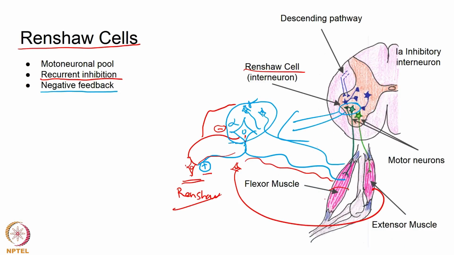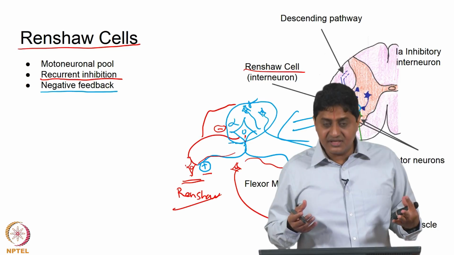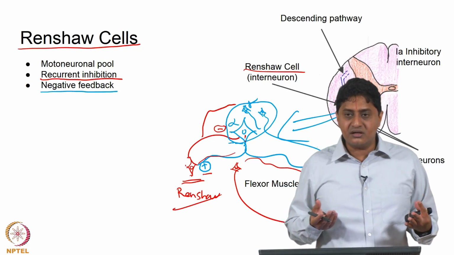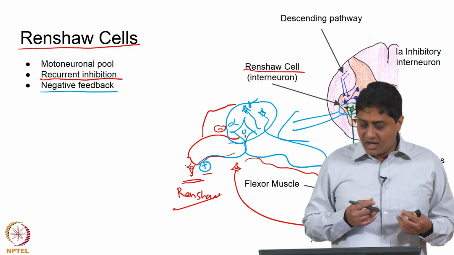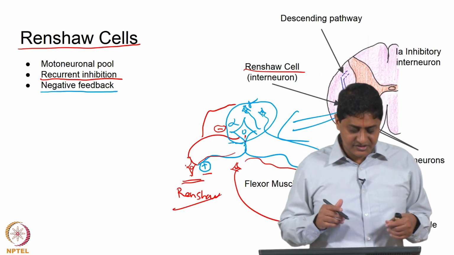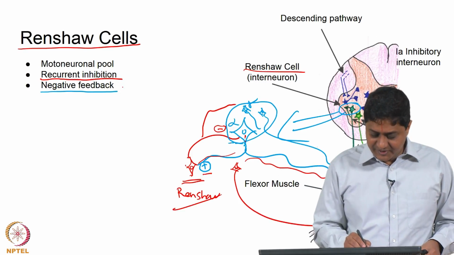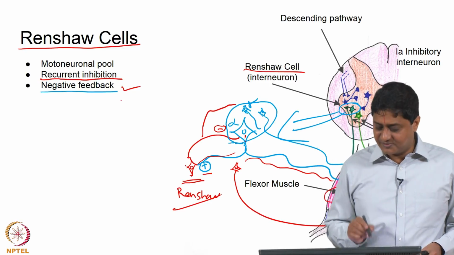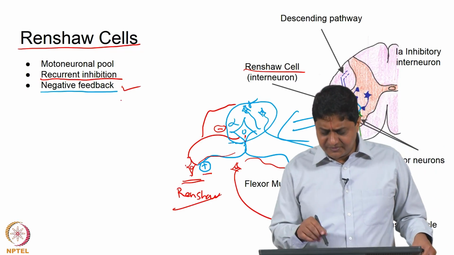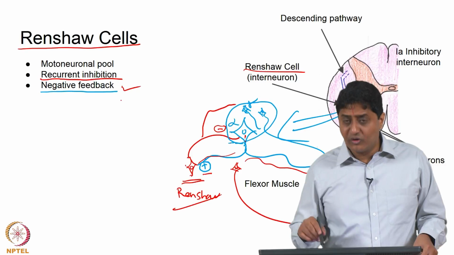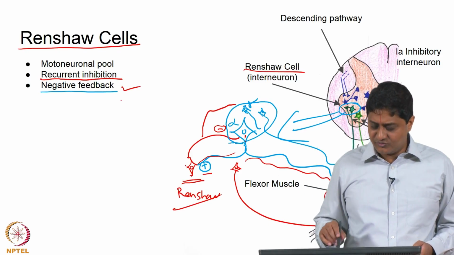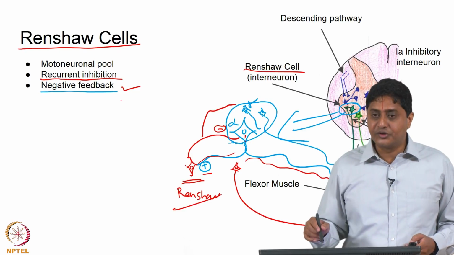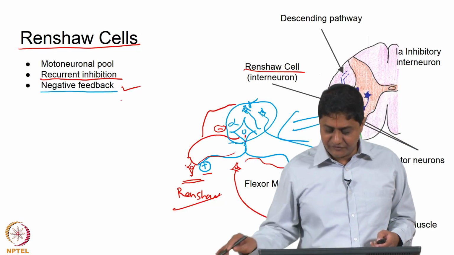Note, the muscle is made of materials that could undergo physical damage, or we want to at least minimize the amount of fatigue that is felt, or other such considerations. So, that is why negative feedback is present, enforced by this particular cell called the Renshaw cell. More functions of this cell will be discussed in a future class, and way more complications are going to arise as we continue the discussion.